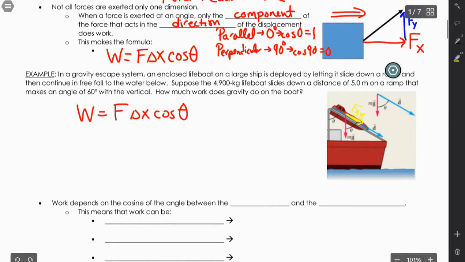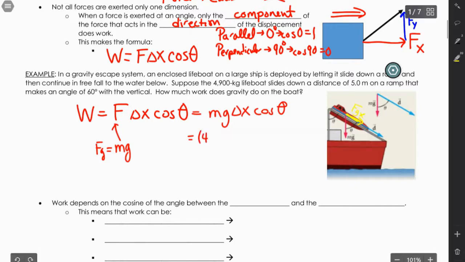And so all we're going to do, again, the force will be the weight of the boat. You can calculate it, then plug it in, or you can just plug it in into the formula here. So we're going to say mg delta x cosine theta.